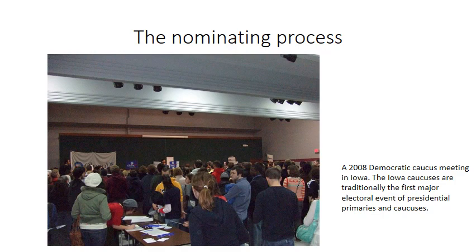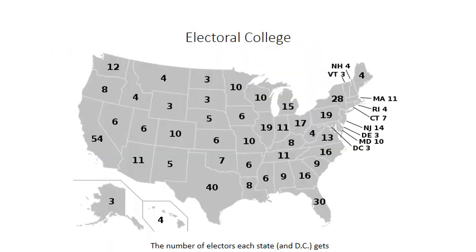Does that make sense? I'm choosing a representative to vote the way I want at the convention. And then they have the convention in the summer. The Democrats do, the Republicans do, other parties do as well, but they're not as important. And there they officially choose the nominee.